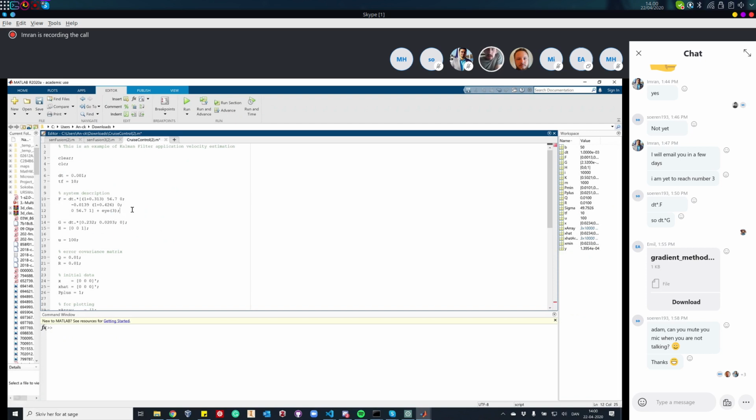Then let me check G. I'm not sure on the X and X hat, but it might work. Try to run it.